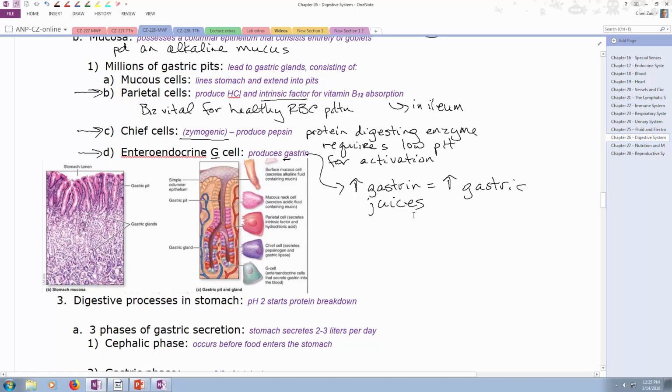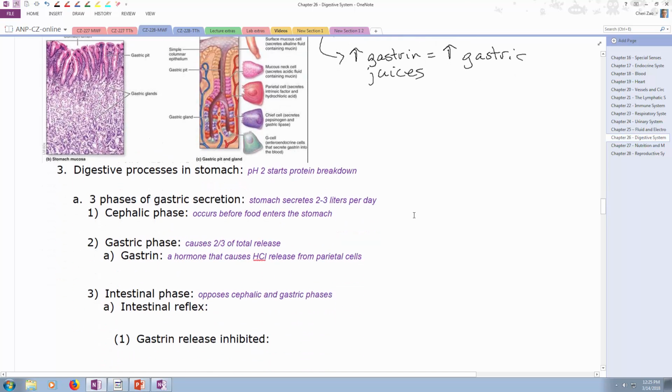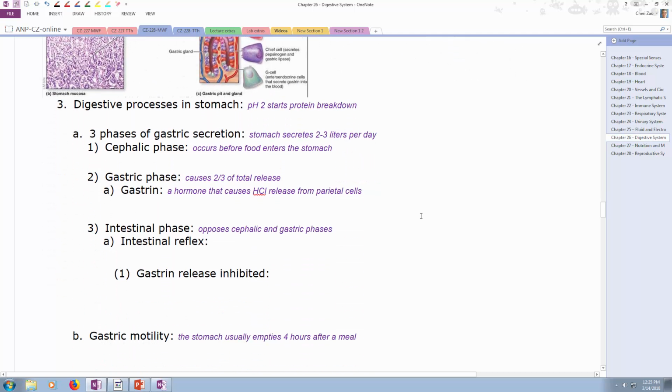So let's go ahead and move on down in our notes and look at the digestive processes involved in the stomach. Realize that we can bring the pH in the lumen of our stomach all the way down to 2. That's a very acidic pH, and it will indeed start protein breakdown. Again, pepsin is most active at this low pH.